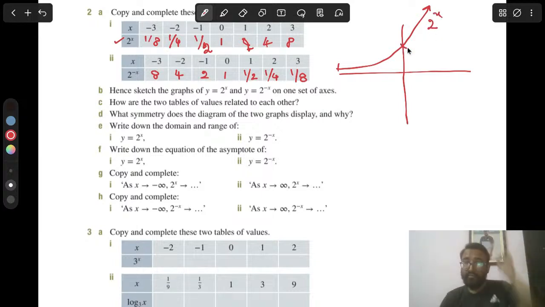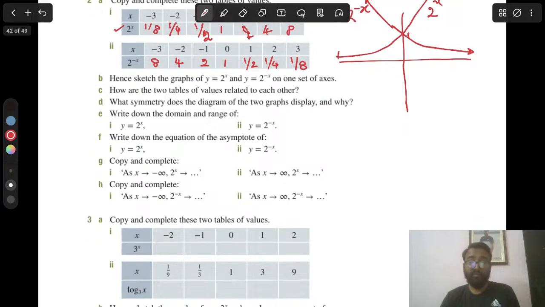This is 2 power 0, which is 1. And this is 2 power minus x. Clear? You should remember these graphs very carefully.